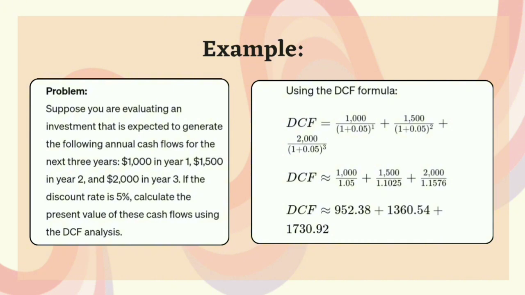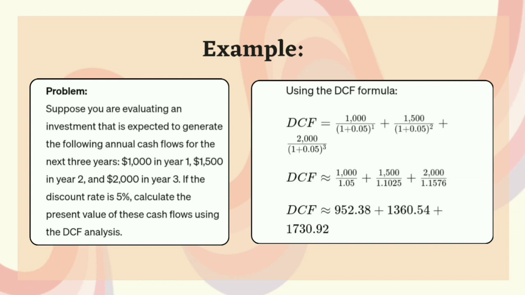And then calculate, and you can come up to 1,000 over 1.05 plus 1,500 over 1.1025 plus 2,000 over 1.157625.